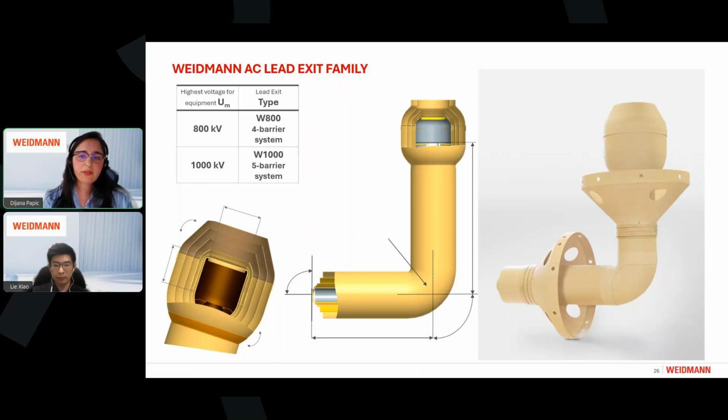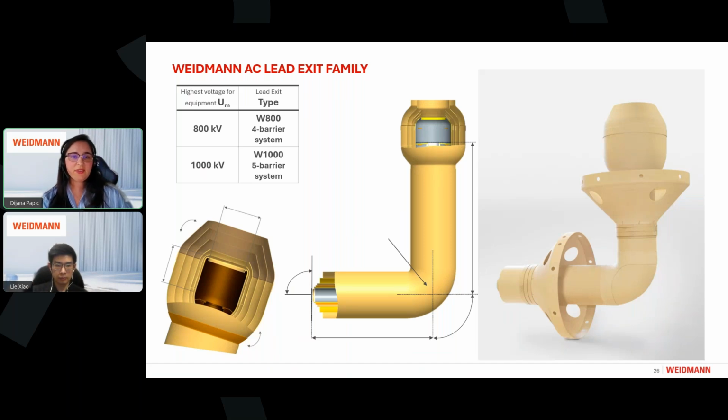As we go higher in voltage, we grow again in width and height, in the dimension of the entire lead exit.